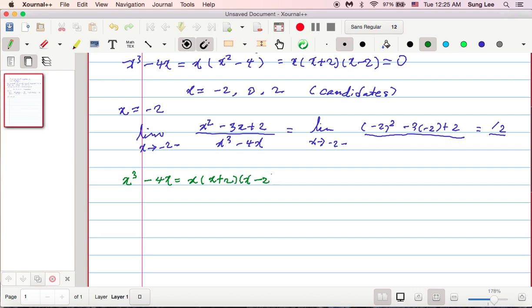This is something you learned in elementary algebra. So we can easily sketch a graph of this. Not the exact one, we don't need that, but briefly.